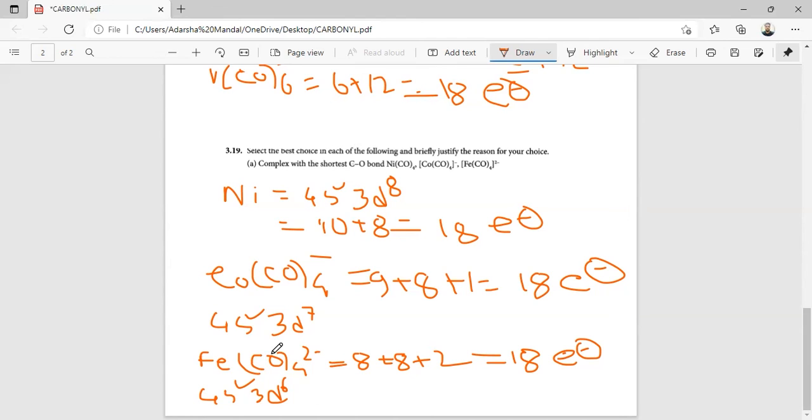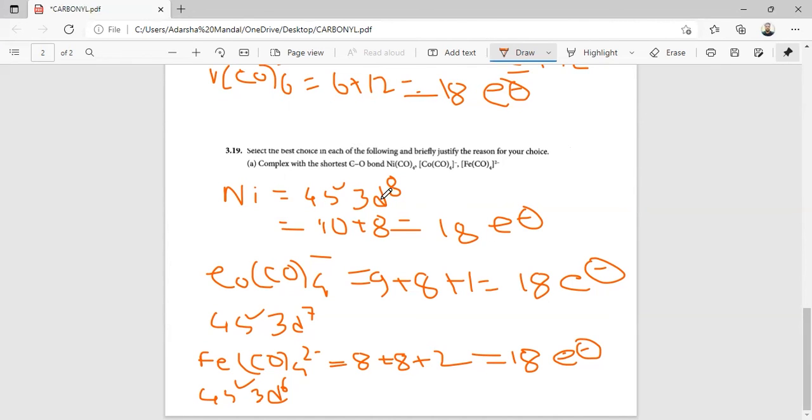Among these complexes, Ni(CO)4 is neutral, Co(CO)4 minus has one negative charge, and Fe(CO)4 2 minus has 2 negative charges. So the electron density is higher for Fe(CO)4 2 minus, so there is more back bonding compared to the other two. So the CO bond order will decrease more, and the CO bond length will increase.